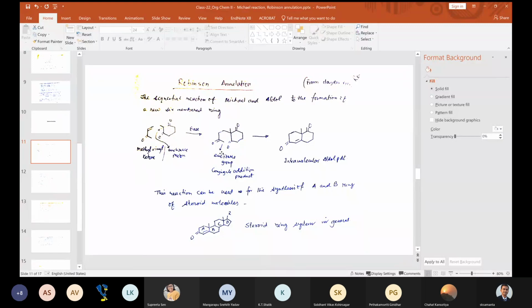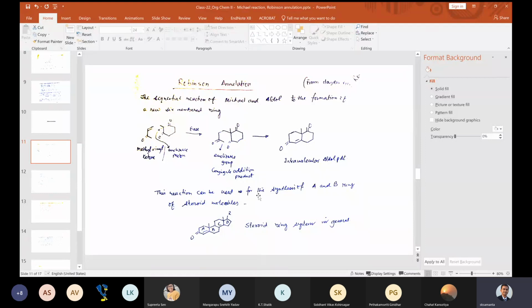Again, in presence of base, this CH3 will form CH2 negative. This negative will attack here, followed by dehydration, and you get the double bond. So this is your intramolecular aldol product. This is your Michael product. This is your aldol product. So overall, this is called Robinson annulation.